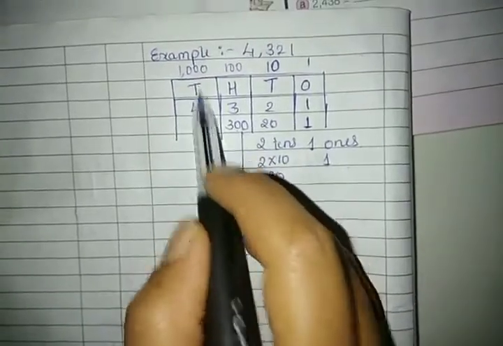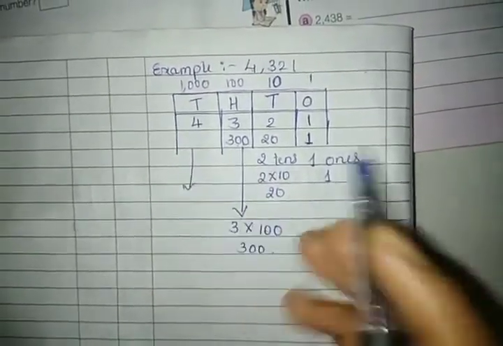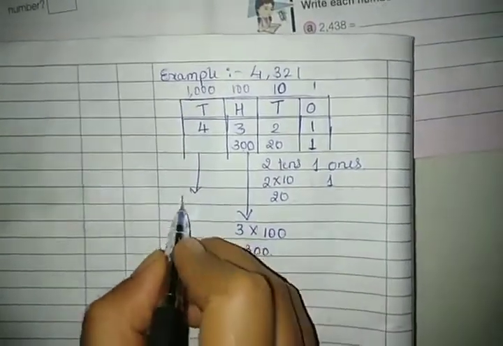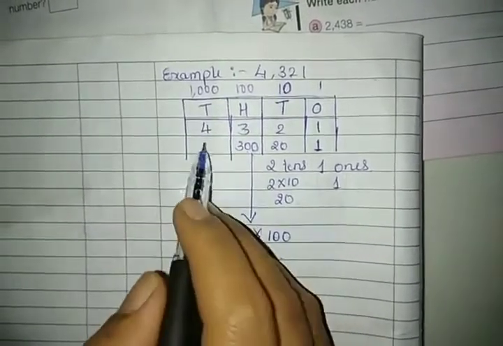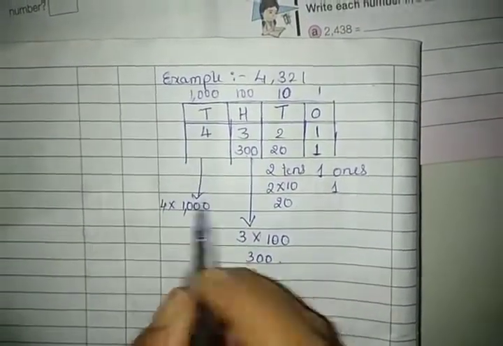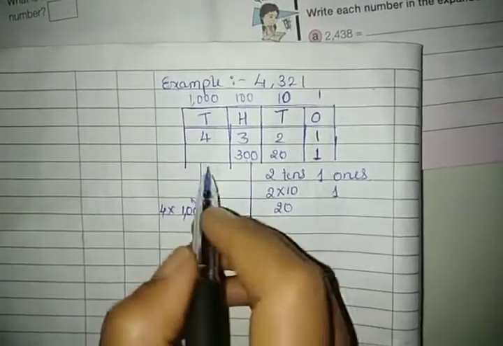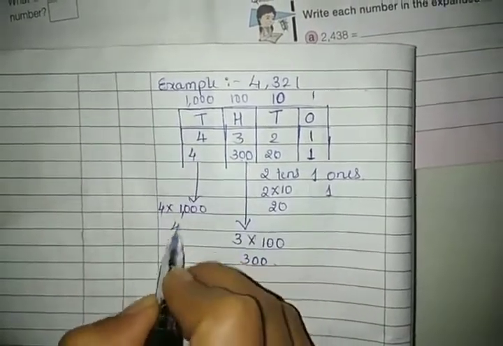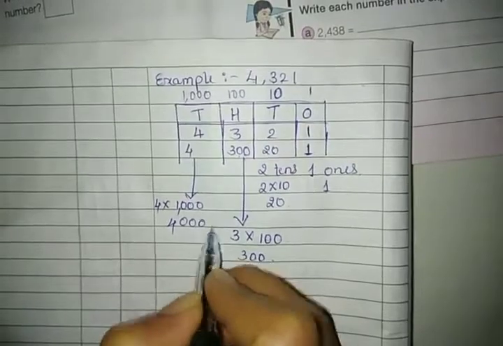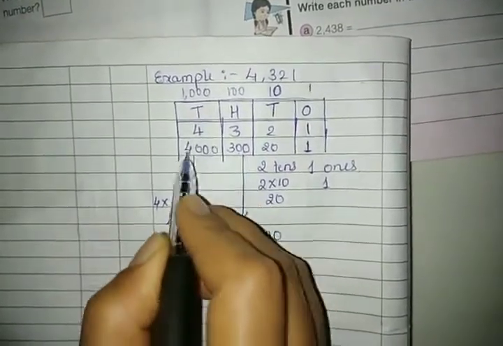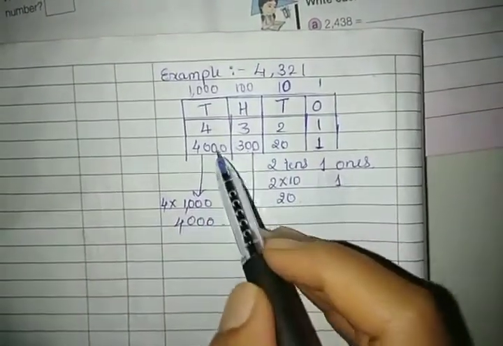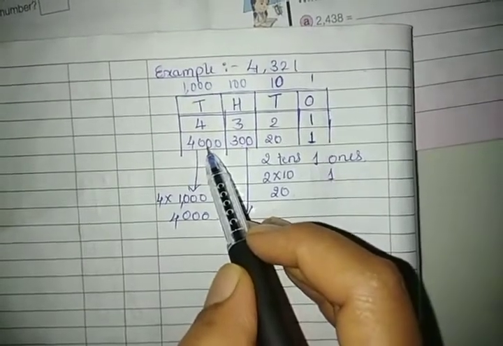And the value of 4 in thousand place will be 1000 for each, so the value of 4 in thousand place will be 4000. 4 ones are 4, followed by 3 zeros. The value of 4 in thousand place will be 4000.